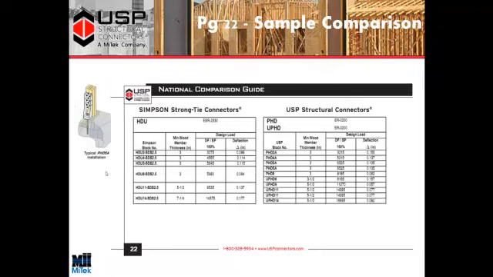And one good example of that is something that was on the cover of our catalog, which has become very popular, is this hold down. The reference number HDU, take the most common one used in this case, is 5,600 pounds. Our PHD, which is a PHD 5A, we have 6,500 pounds.